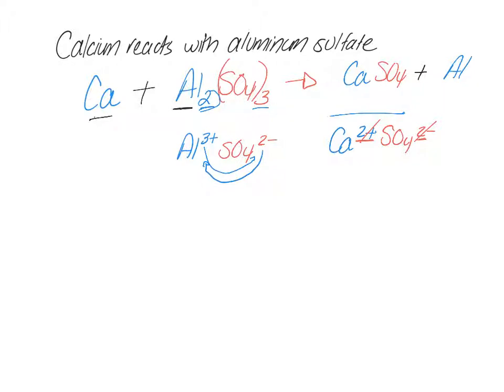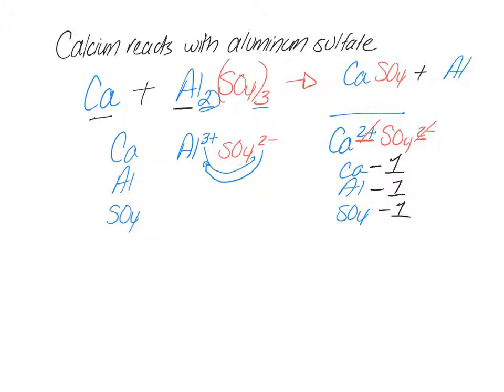Okay, and so let's try and get it to balance now. So let's look at it like this. Over here I have on my product side 1 calcium, 1 aluminum, and 1 sulfate.